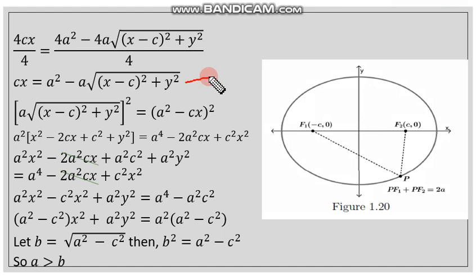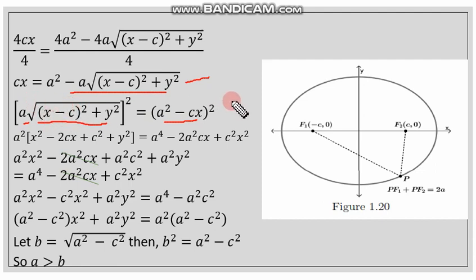Next, we're going to transpose this one to the right side, so it becomes positive a square root of (x minus c) squared plus y squared. Also, we will transpose this one to the right, so a squared minus c squared... I mean a squared minus cx.